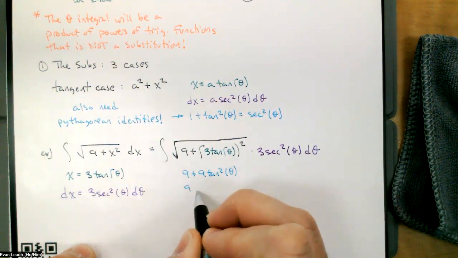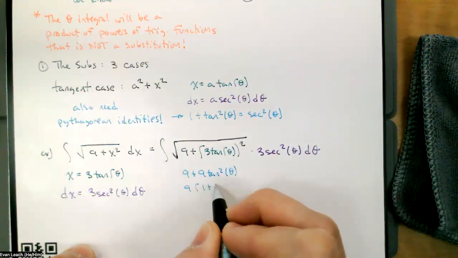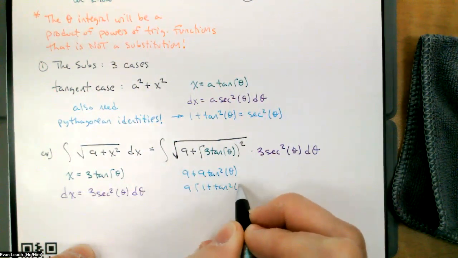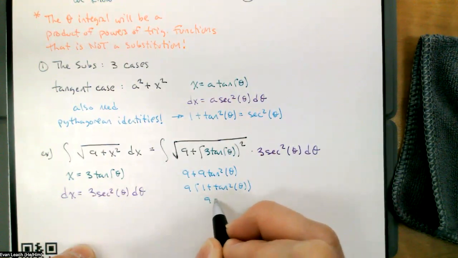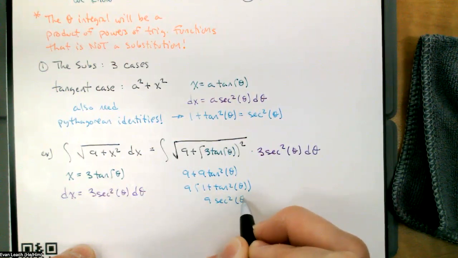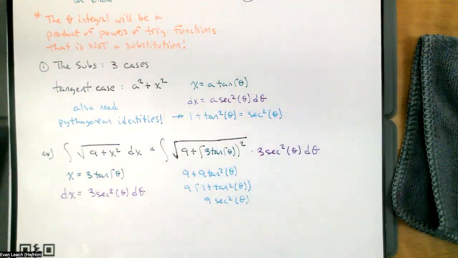If we factor a 9 out of this, we have 9 times 1 plus tangent squared theta, which is all just 9 secant squared theta. This is the point of the substitution, to take those two terms and pull them down to one term through a Pythagorean identity. This is the point of the process.